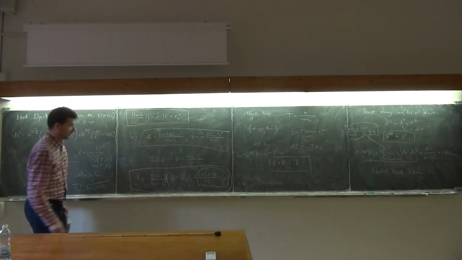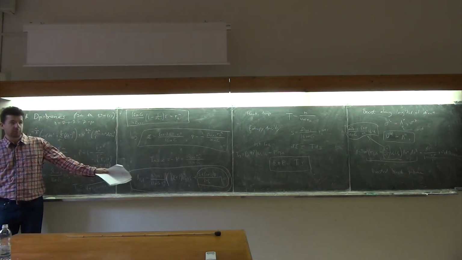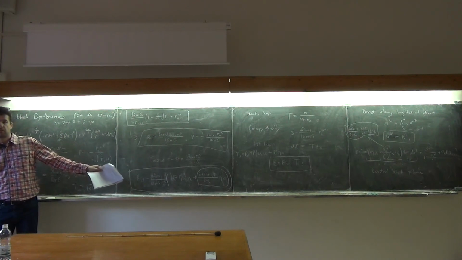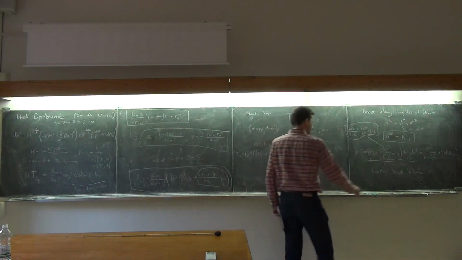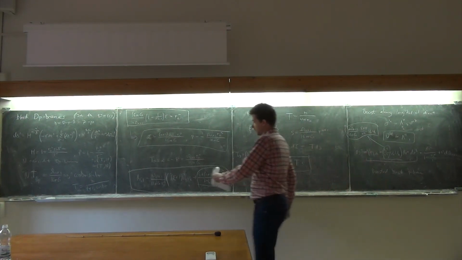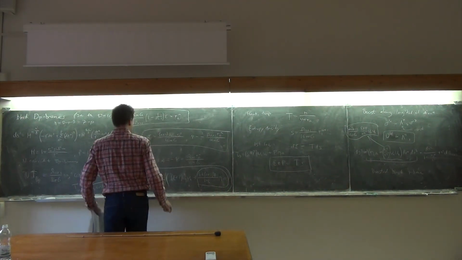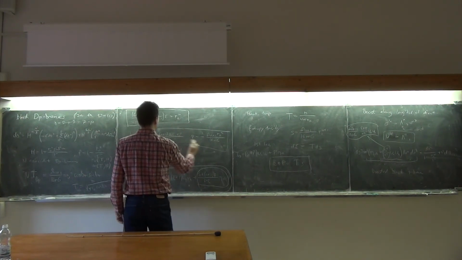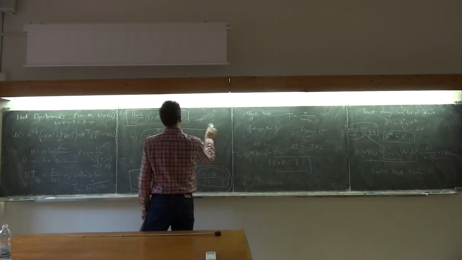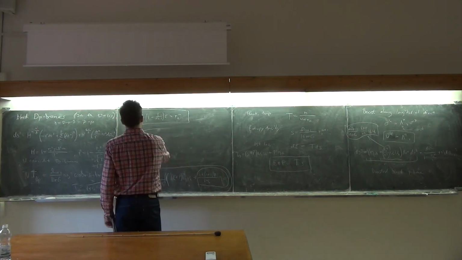We can do the same game using the same result and read off, and it's also a perfect fluid in this case, and then we can read off the energy density and the pressure.